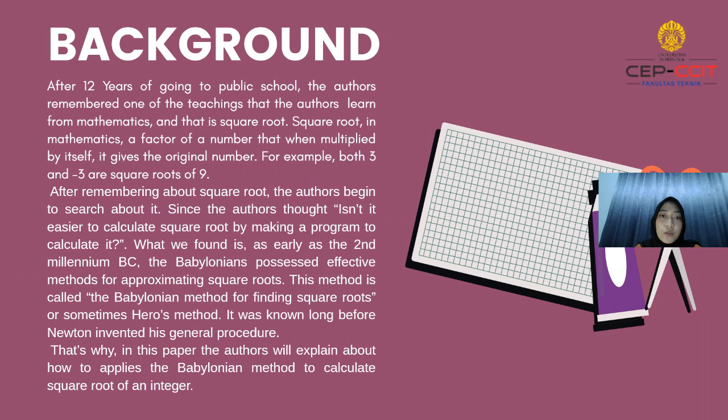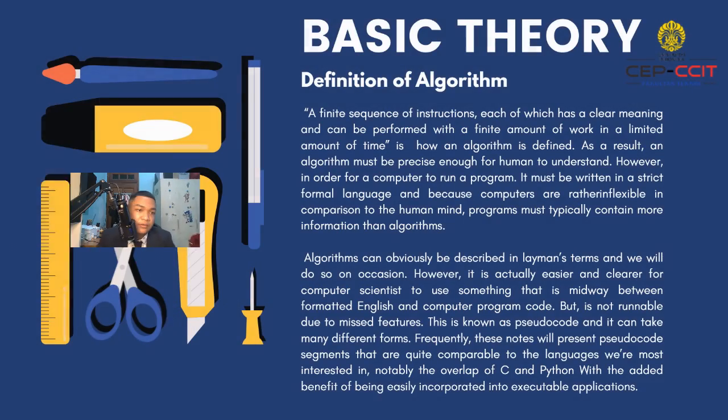This is called the Babylonian method for finding square roots, or sometimes Hero's method. It was known long before Newton invented this general procedure. That's why in this paper the authors will explain how to apply the Babylonian method to calculate the square root of an integer.